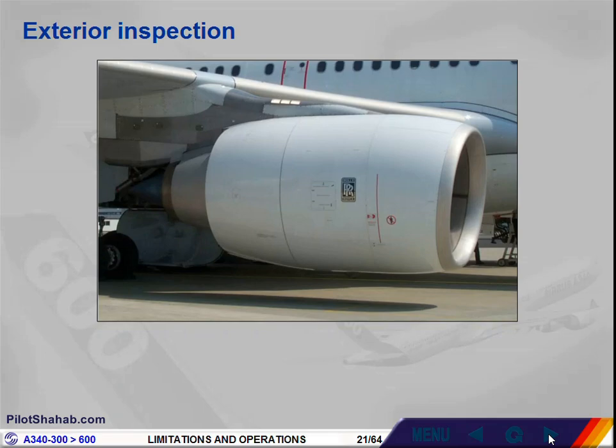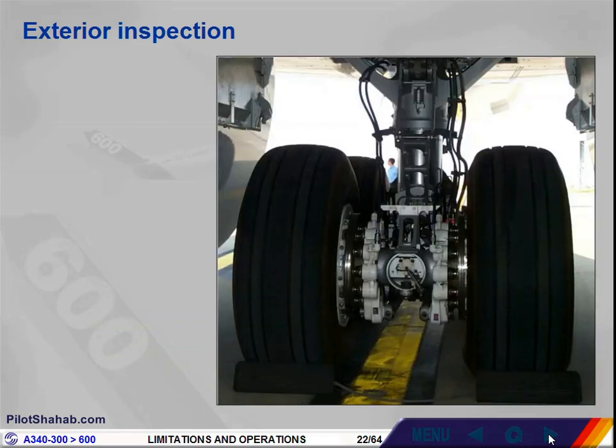On the right-hand side, check that the oil tank, master magnetic chip detector, and TR inhibition access door is closed and latched. On the center landing gear, check the brakes and brake wear indicator condition.